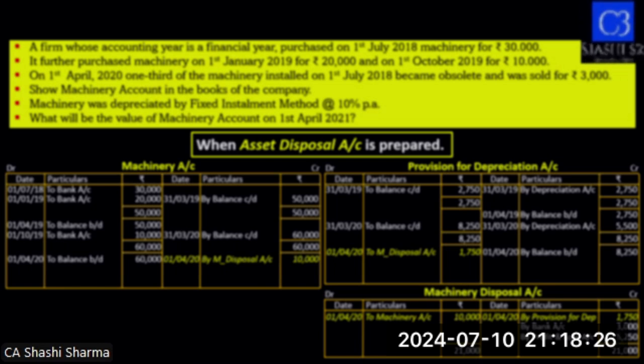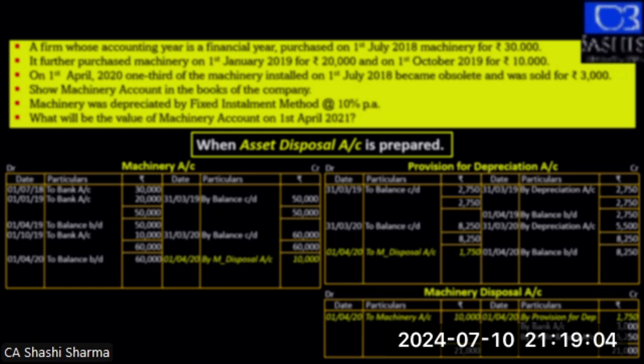In the diminishing balance method, the written down value method, the depreciation is calculated year after year after deducting the depreciation of all the earlier years. So if the original asset cost rupees 10,000, then in the first year depreciation will be 1,000. 1,000 deducted from 10,000 becomes 9,000. In the second year, the depreciation will be 900.